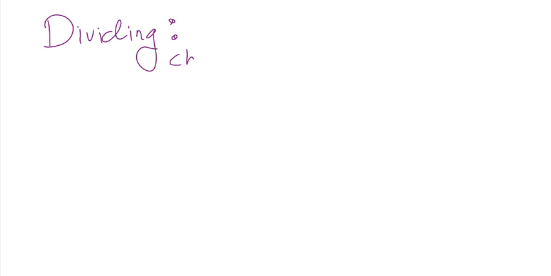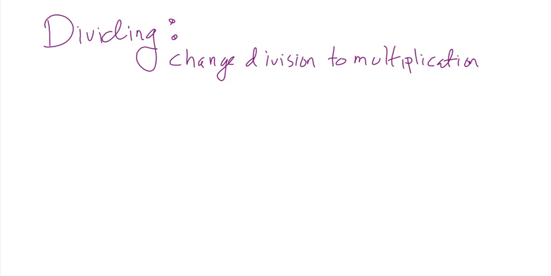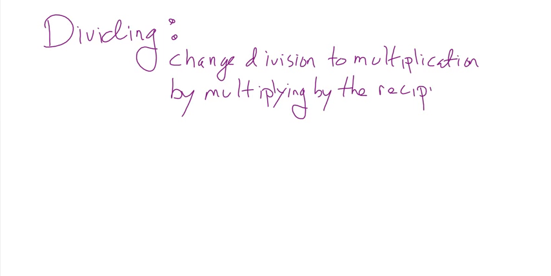So we're going to change division to multiplication by multiplying by the reciprocal, which just means you're flipping it, right? By the reciprocal of the divisor, the thing you're dividing by.